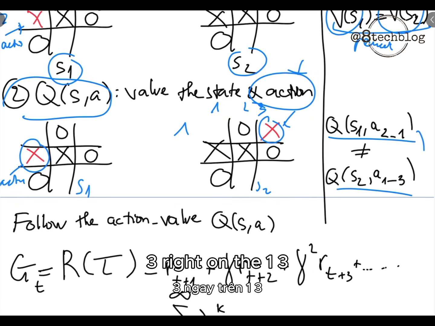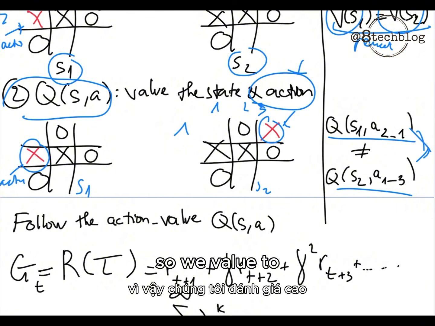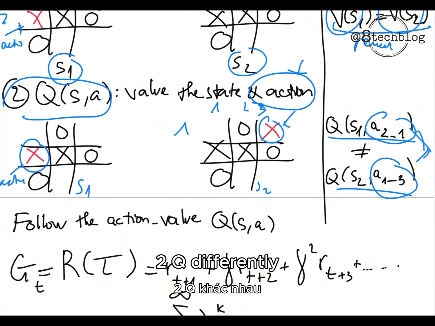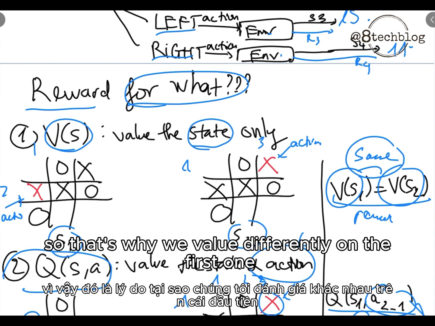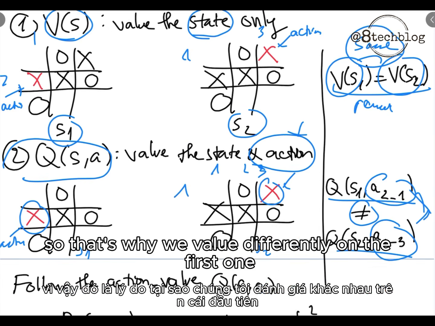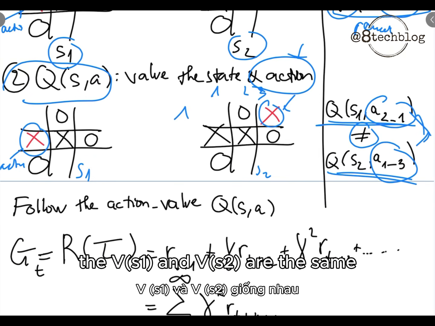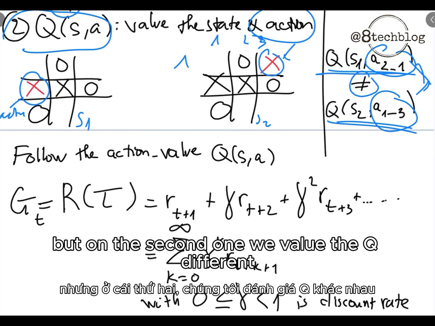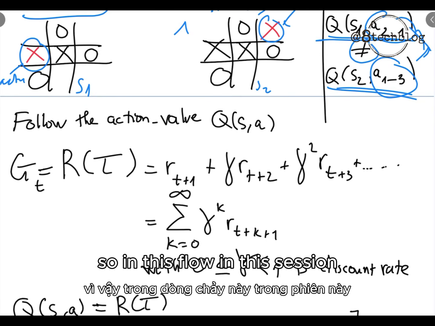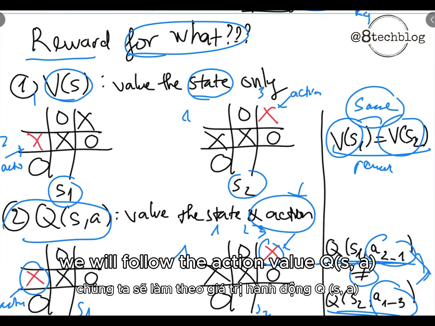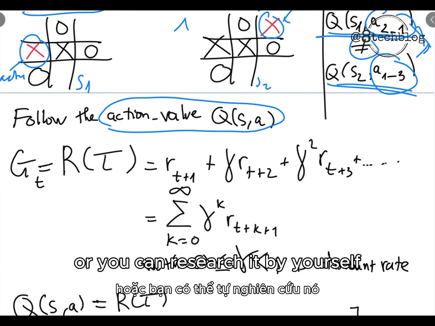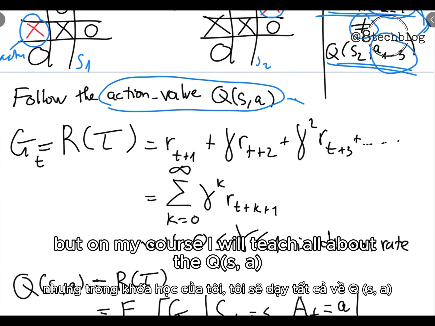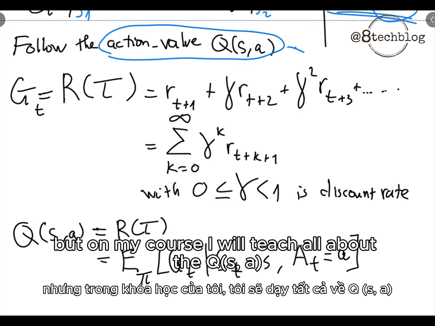So we value Q differently, because the action that goes into the state is different. On the first one, V of S1 and V of S2 are the same, but on the second one we value the Q differently. So in this session, we will follow the action value Q of S, A. We don't care about V of S, or you can research it by yourself, but in my course I will teach only Q of S, A.